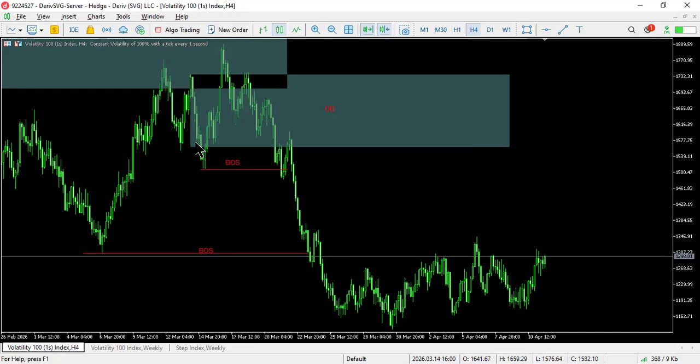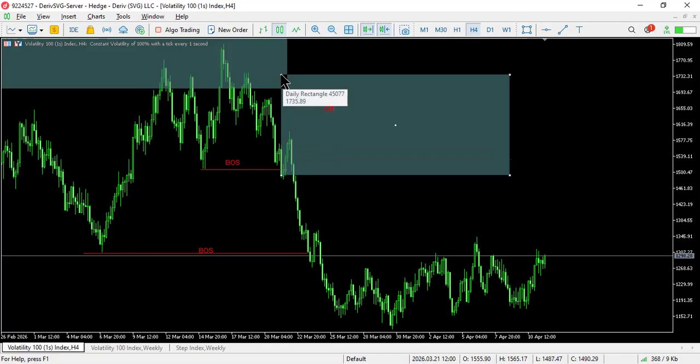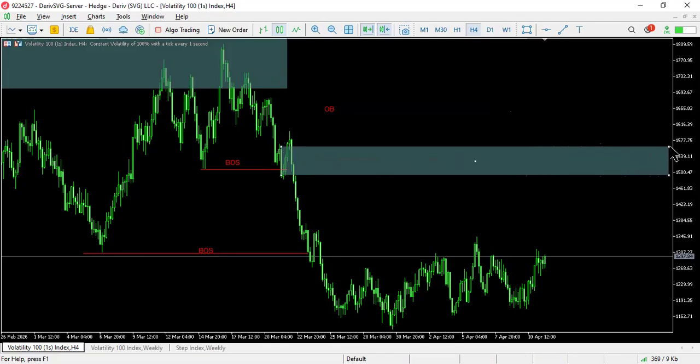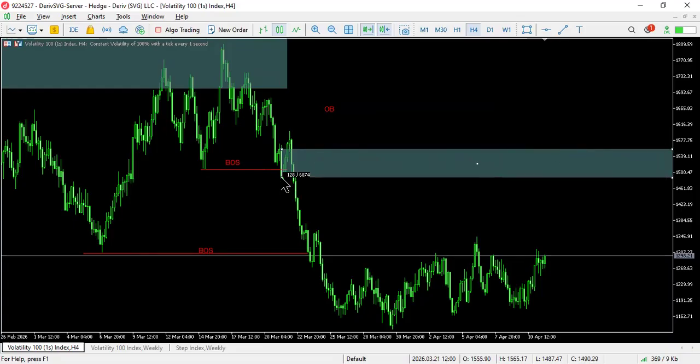And then our point of interest of the break of structure we are working with, it is this break of structure with this order block. So we have a break of structure right there. So our break of structure, and then the order block which caused that break of structure is right there.